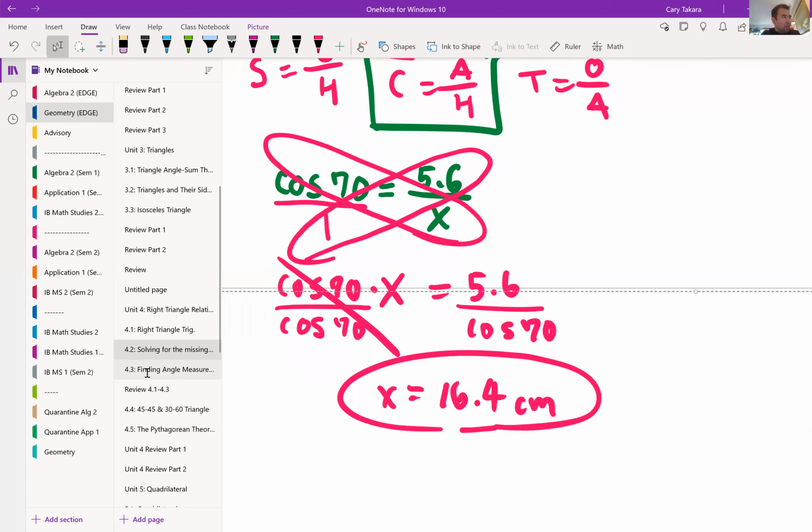Who's got 16.4? Yes, very good. Saif, anybody else? Nice job. Yeah, 16.3, that's good, very good.